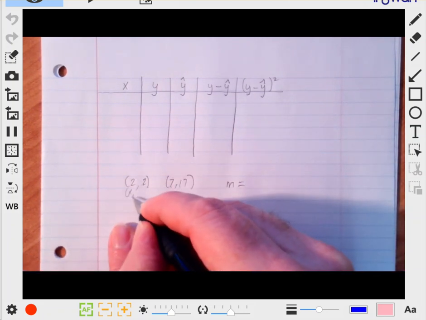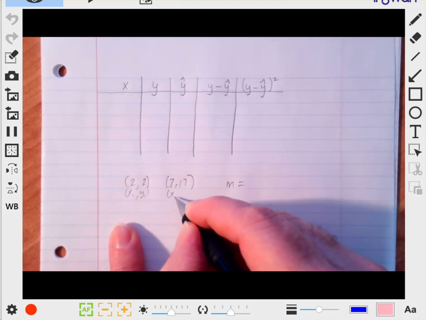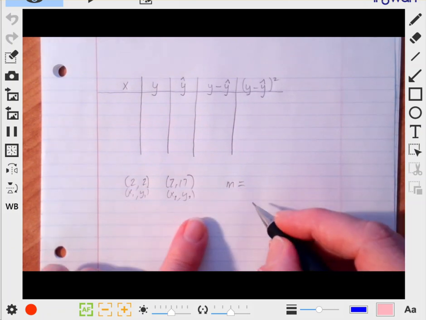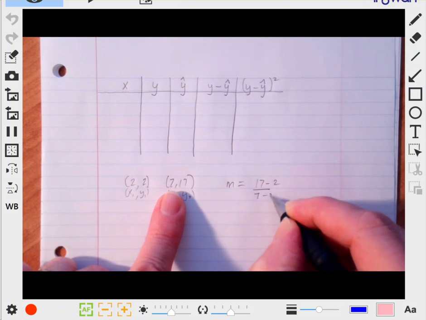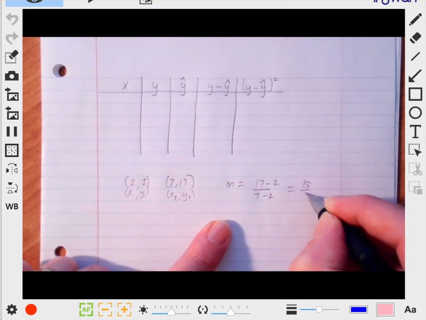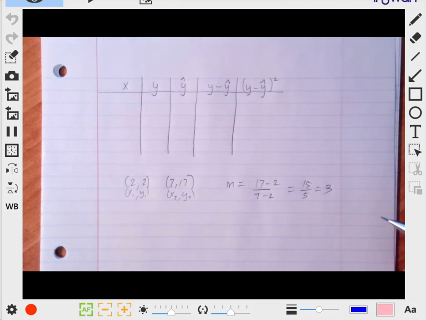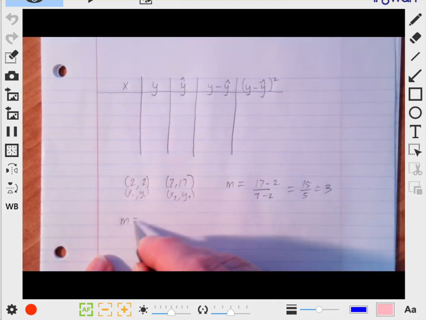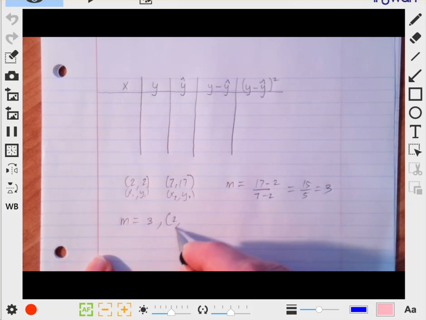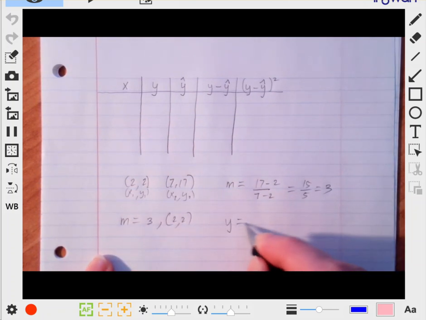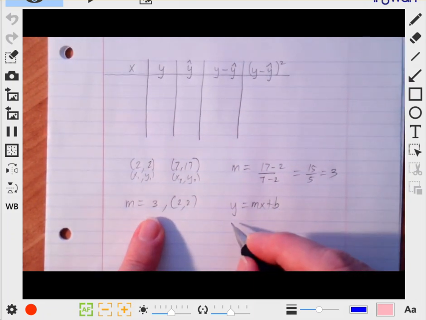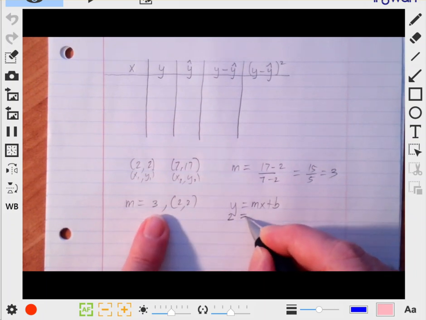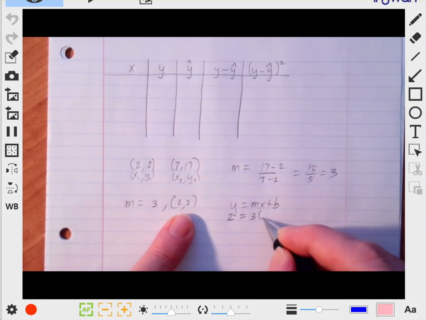So if this is the first point and this is the second, we're going to get 17 minus 2 over 7 minus 2, which is 15 over 5, or 3. And so now let's go ahead and use a slope of 3 and the point 2, 2. We have y equals mx plus b. And so y is 2, the slope is 3, x is 2.